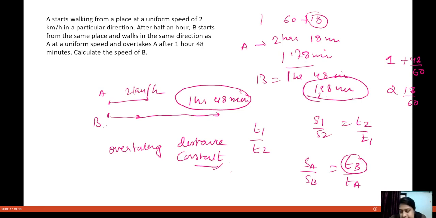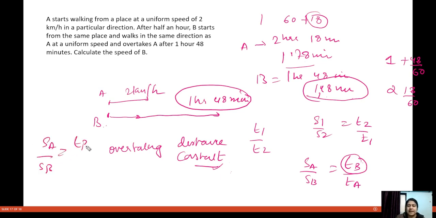So from here you can calculate the ratio of their speeds, because SA is already given. Obviously you will be able to calculate SB.